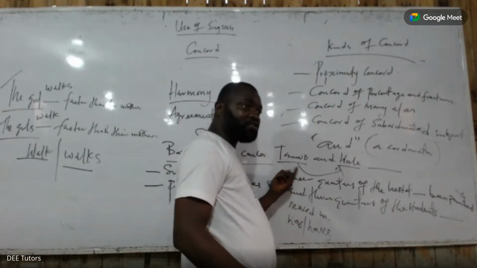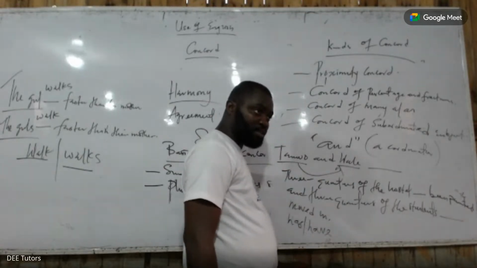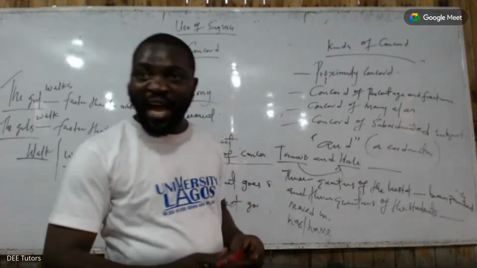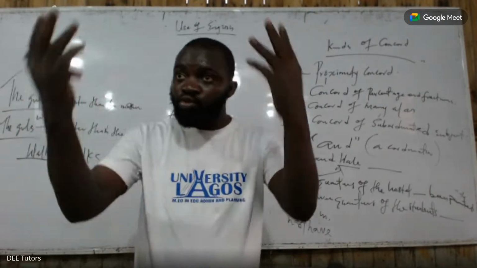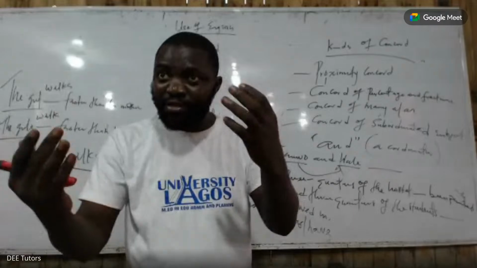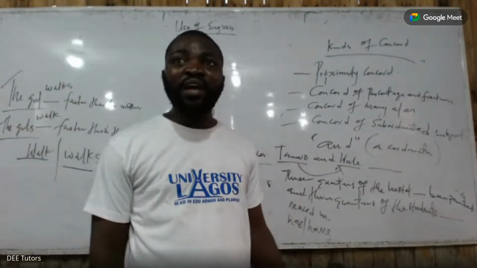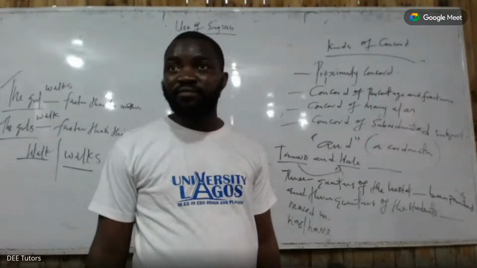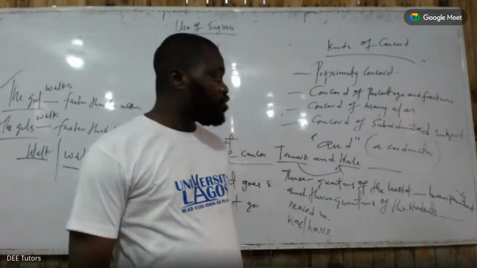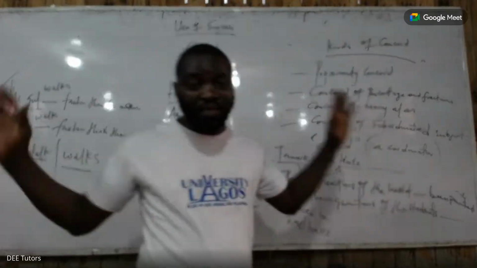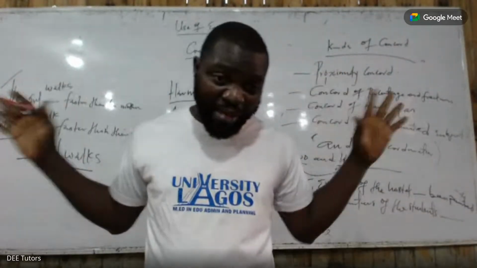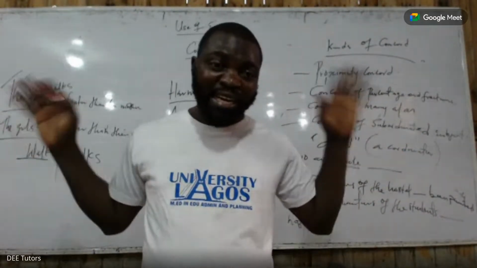That means it's going to be a plural subject. Anytime we use "and" to join two subjects, whatever comes before the "and" and whatever comes after the "and" will be relevant in controlling the what? The verb. So we are going to use the plural subject. That's the point I've made. Do you get that?